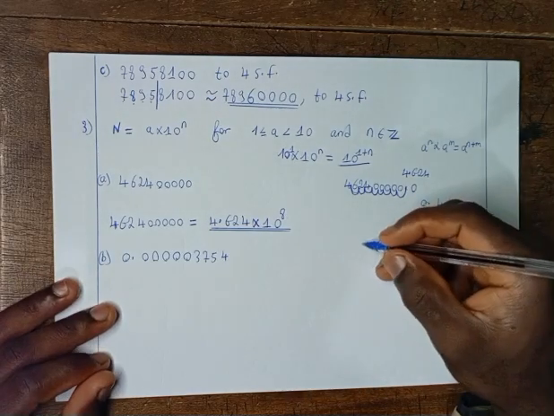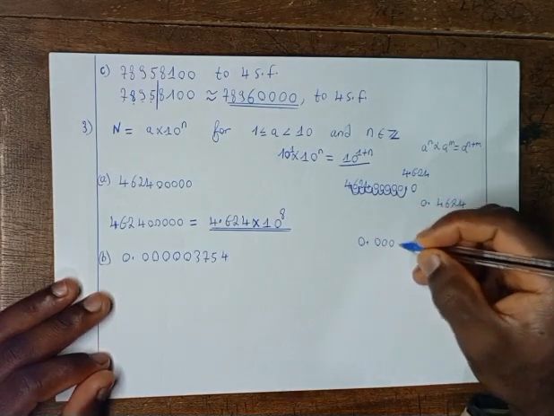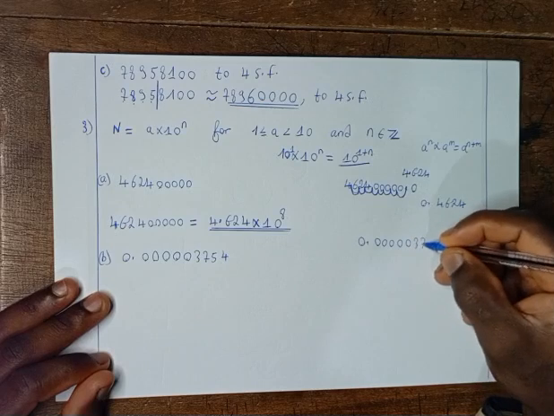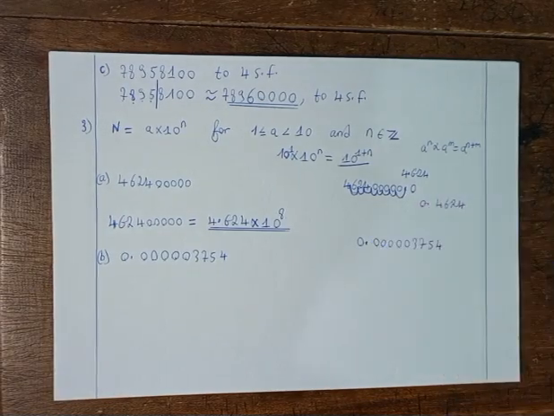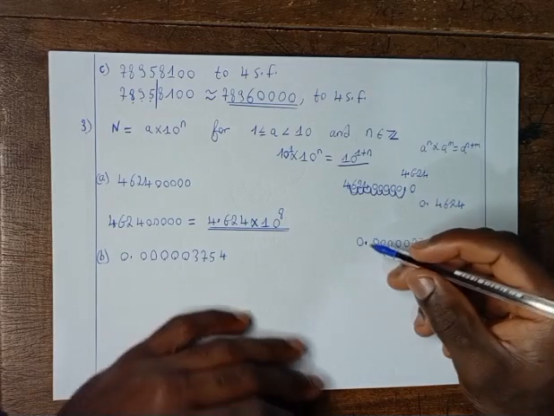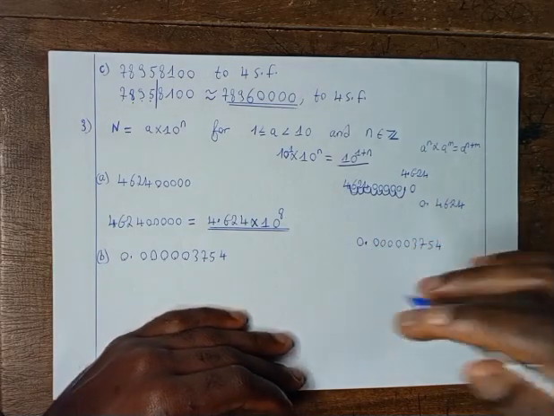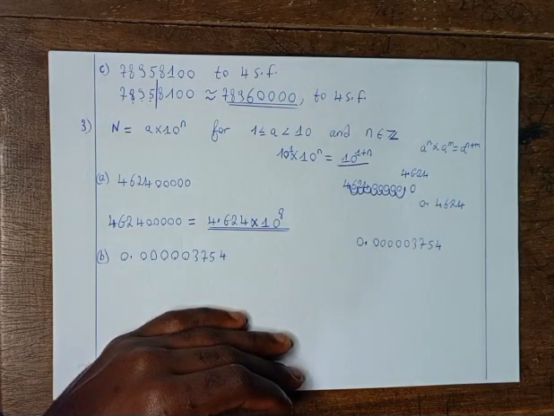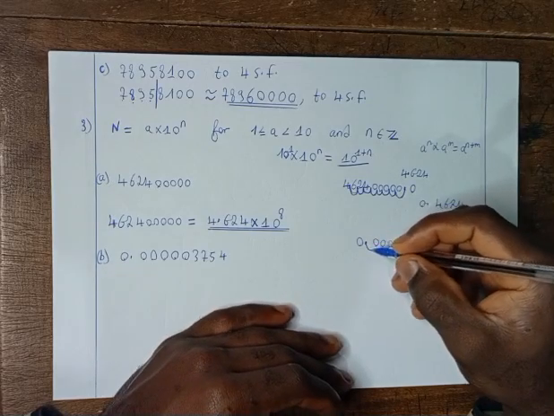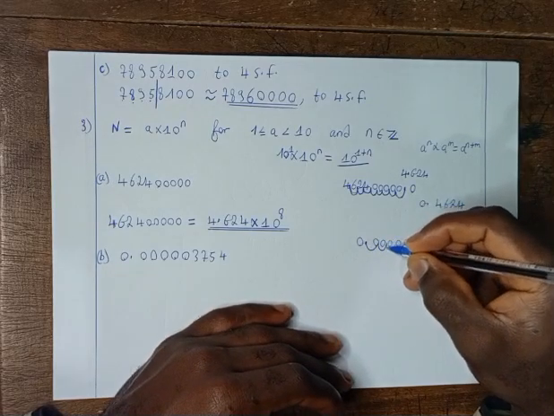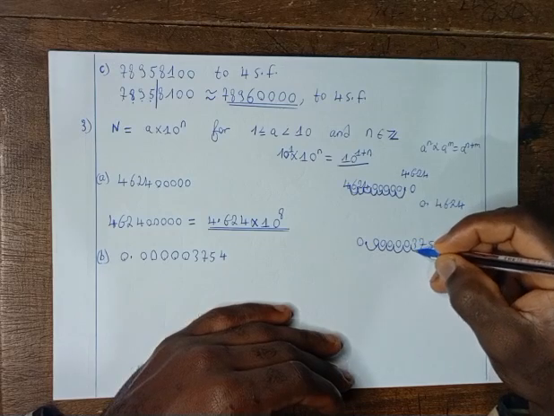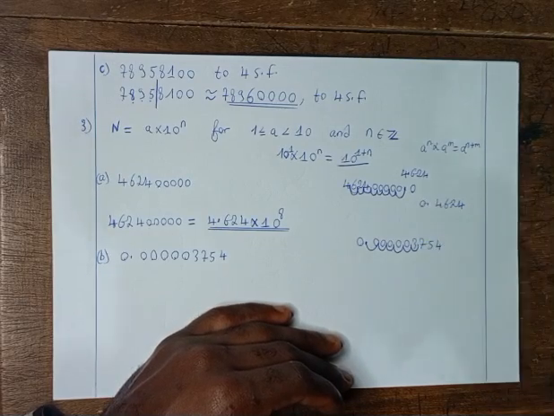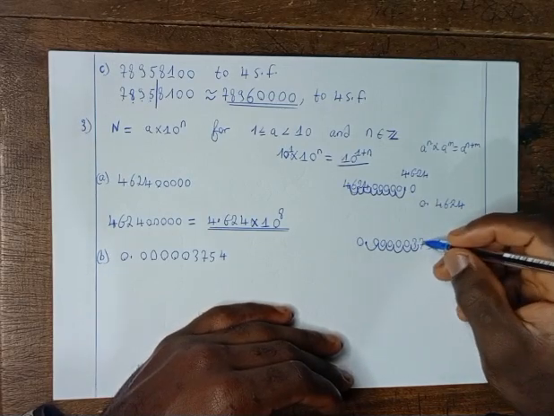First, if we take this number 0.00003754, for us to get our value of a, we are going to do our movement to the right. So we are going to take this decimal point 1, 2, 3, 4, 5, 6. We are going to end between 3 and 7.